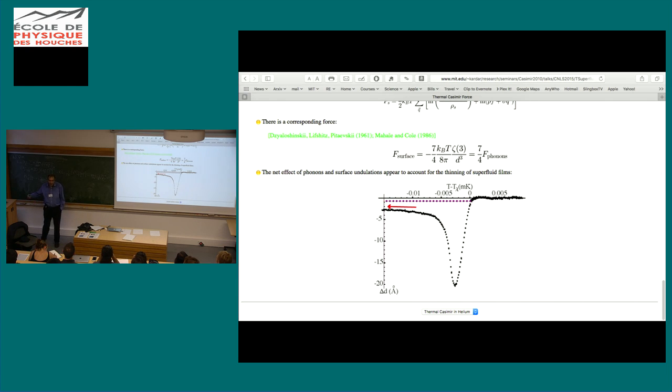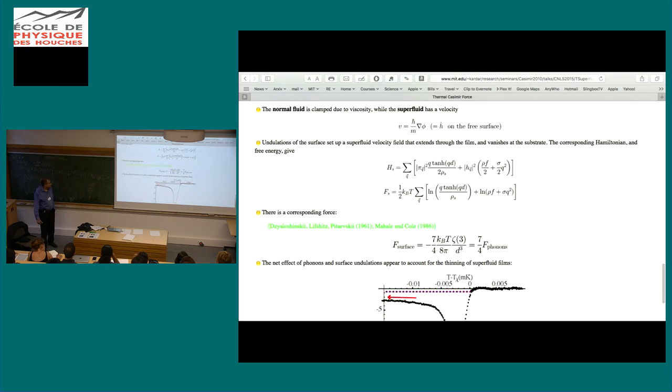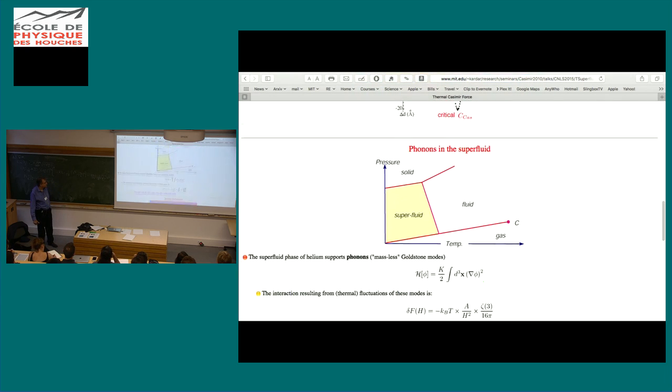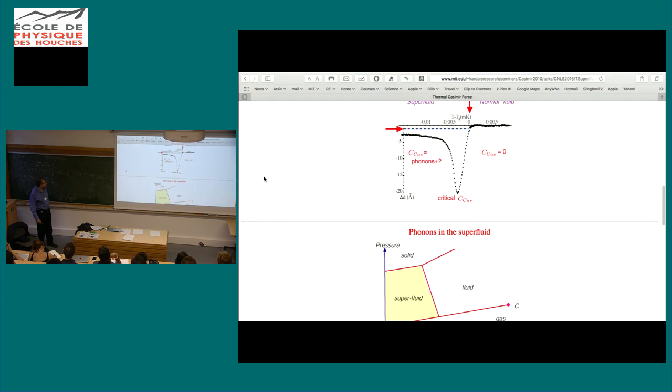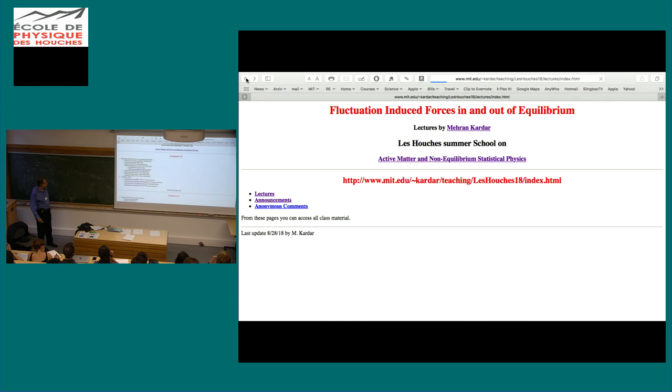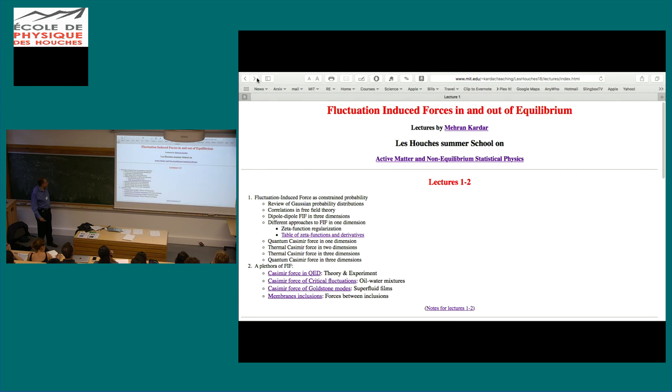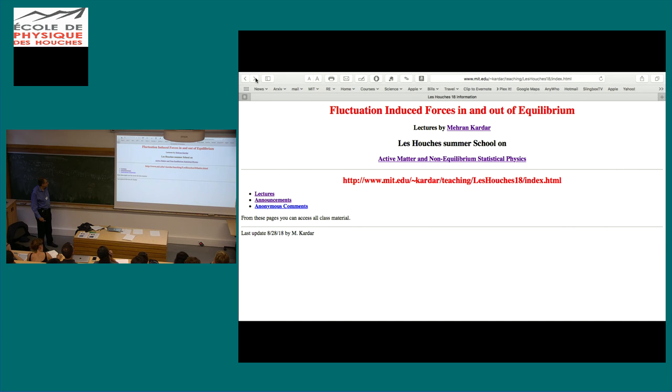There is a damping that goes on that you don't have in the superfluid. Okay, so we see that there are indeed experimental realizations of what we've been talking about.